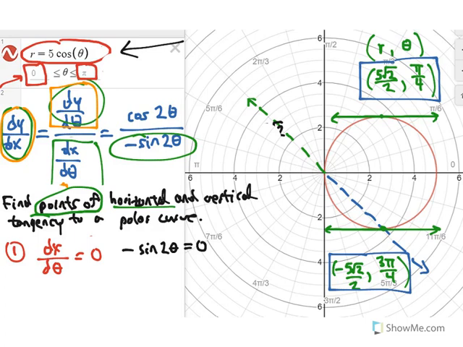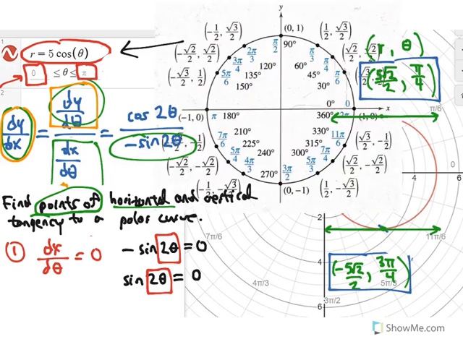Set that equal to 0, and you need to solve for the angles 2 theta that would make negative sine of 2 theta equal to 0. You can multiply both sides of the equation by negative 1, which will give you sine of 2 theta is equal to 0. You're still looking for the angles 2 theta that would make sine equal to 0.